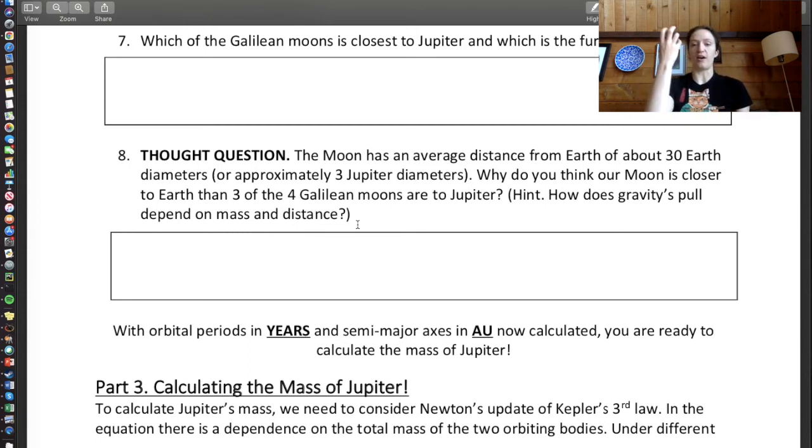So if you have Earth and the moon, there will be a certain amount of gravity between them, keeping them bound together. If you have something much, much, much bigger than Earth, which is Jupiter, and then a tiny little moon, there's such a discrepancy between their masses, and they also have a gravity keeping them bound together. So just think about that. Why is our moon closer to Earth than 3 of the 4 Galilean moons?